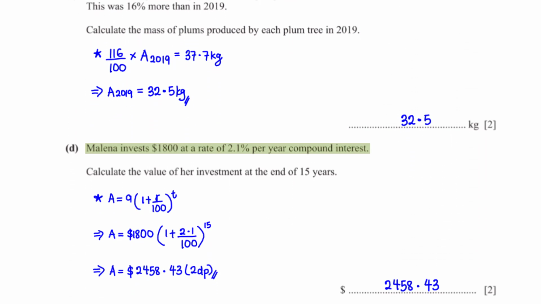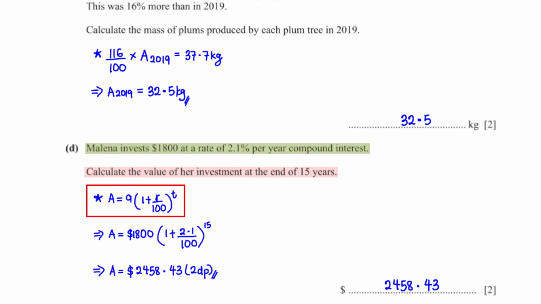Malina invests $1,800 at a rate of 2.1% per year compound interest. Calculate the value of her investment at the end of 15 years. Here is the formula for compound interest. Big A represents the final value of the investment, which is what we are finding.